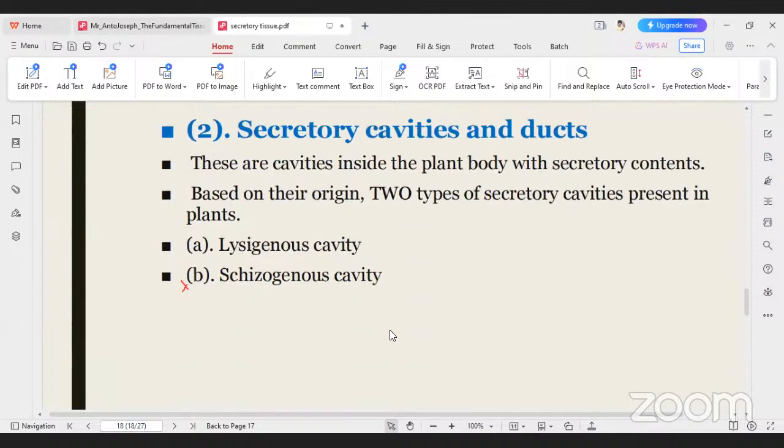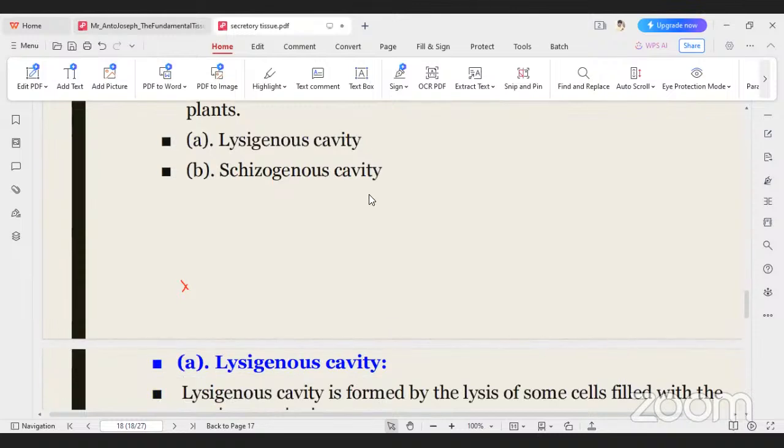Secretory cavity or duct. These are two types, lysigenous cavity and schizogenous cavity. The lysigenous cavity is formed from a group of cells, for example, like this in the tissue. What happens during lysigenous cavity formation?